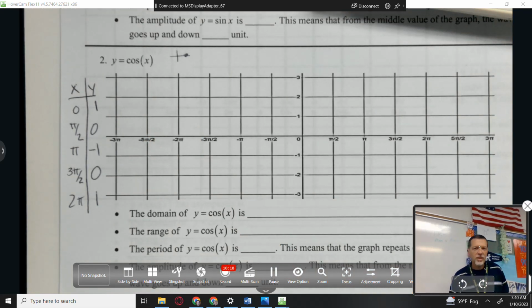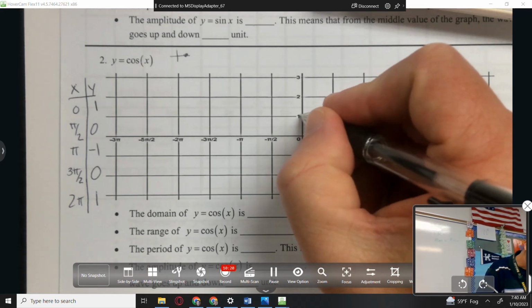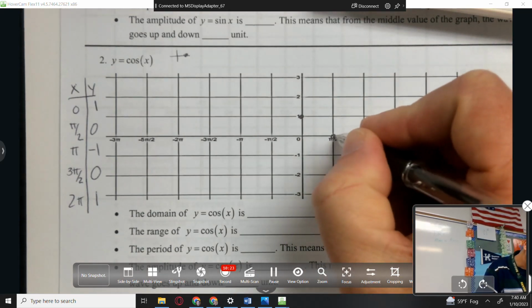So let's plot those points and see what it looks like. 0, 1. Pi over 2, 0.